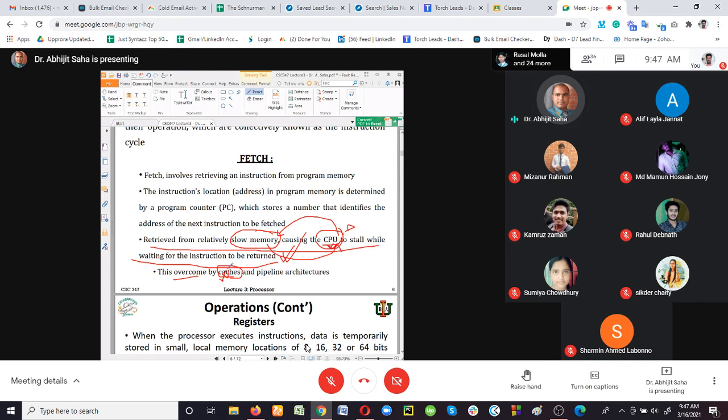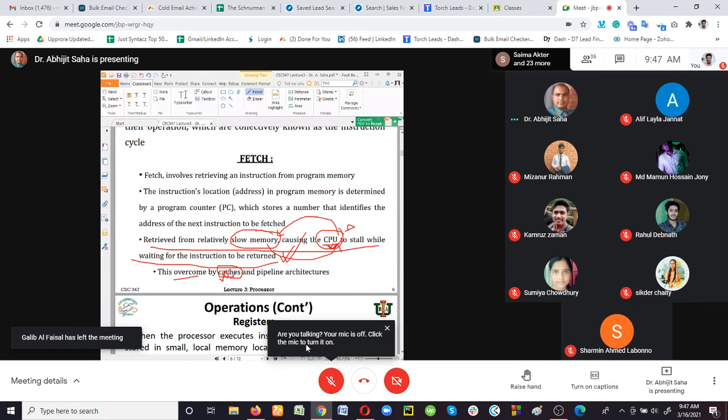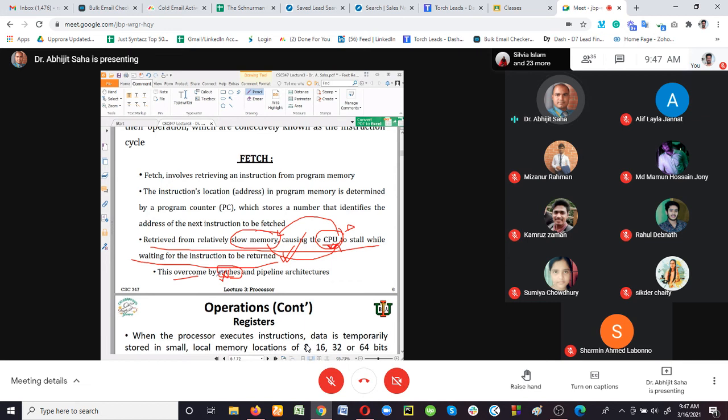You do not need to go to the slower RAM to get the instruction. When the cache memory is there, the CPU does not need to wait for a long time. It gets the instructions from the cache memory, as you have learned.